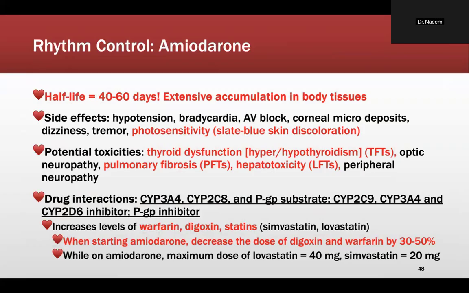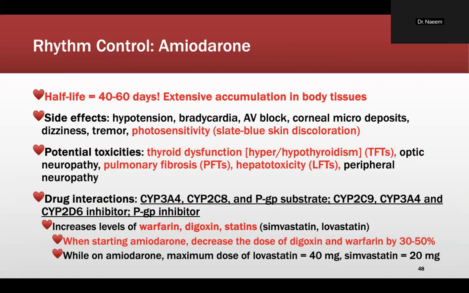The thing with this antiarrhythmic is it does have heart rate lowering effects. So it doesn't only work on normalizing heart rhythm, it can also work on reducing the heart rate a little bit. There's also dizziness, tremor, and photosensitivity. It can cause a blue skin discoloration, which I have seen in clinical practice before, and it's actually quite scary.